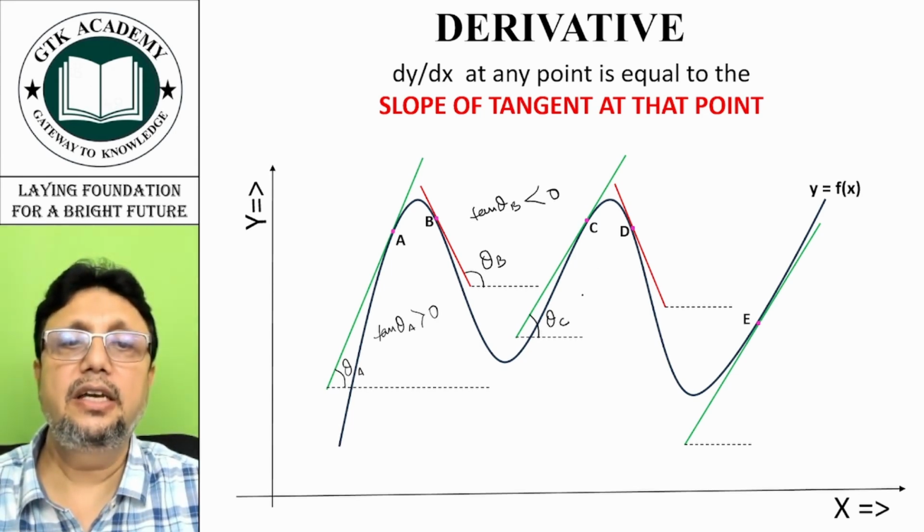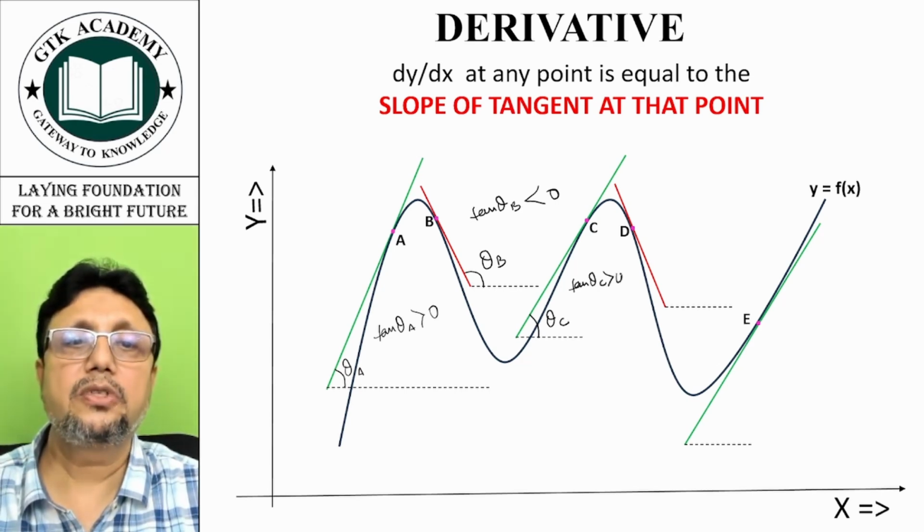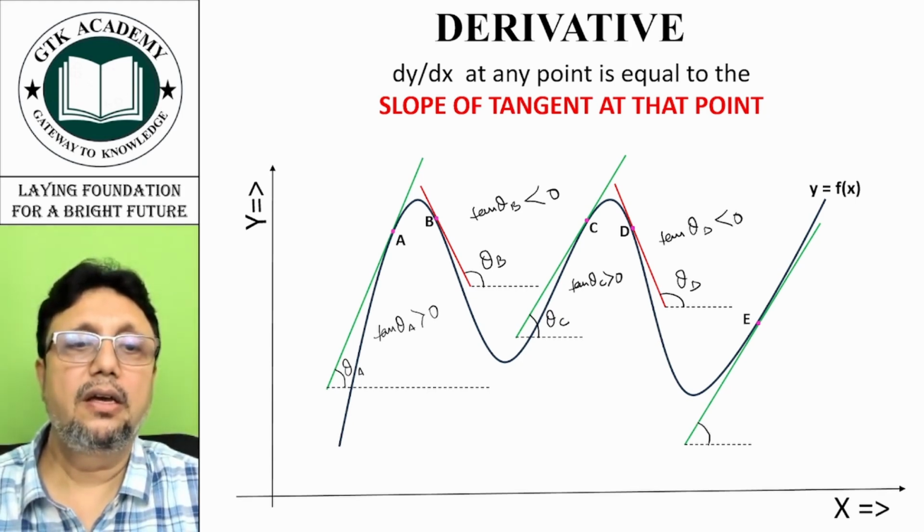Say this is theta C. dy by dx at C is tan theta C. Again it is positive. This is obtuse theta D. dy by dx at D is tan theta D. Again negative. Theta E. dy by dx at E is tan theta E.